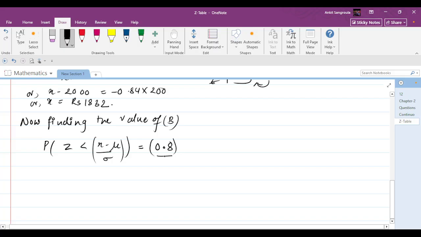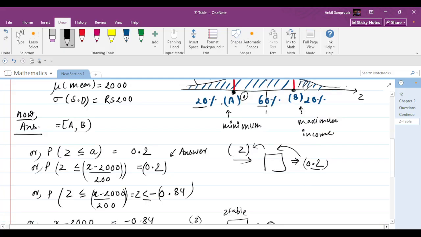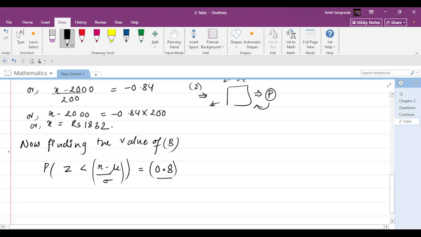This time the probability is 0.8, because you cannot take the probability of this side, you should take the probability of occurrence of the left side. So now the probability of 0.8 is given by, what do you get here from the Z table.